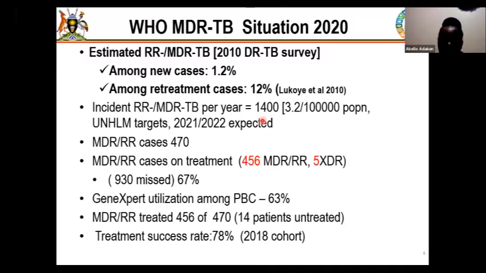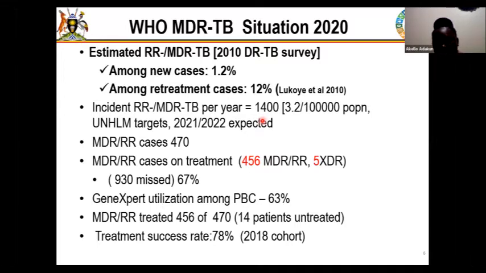However, currently we have only 470 cases of MDR, meaning that we are missing over 930 cases. About 70% are missed, so they're in the community somewhere. We must find them and treat them and prevent this spread of drug-resistant strains in the community.